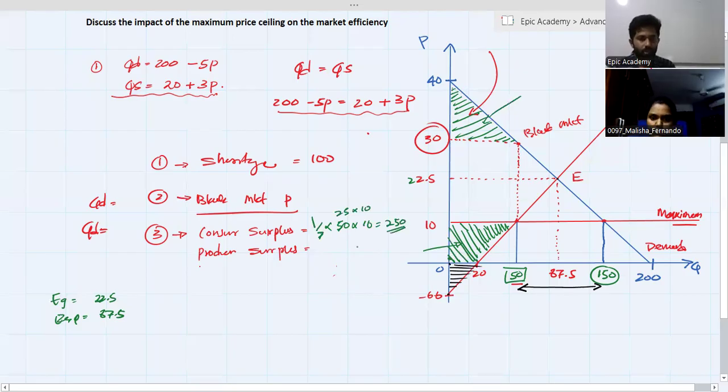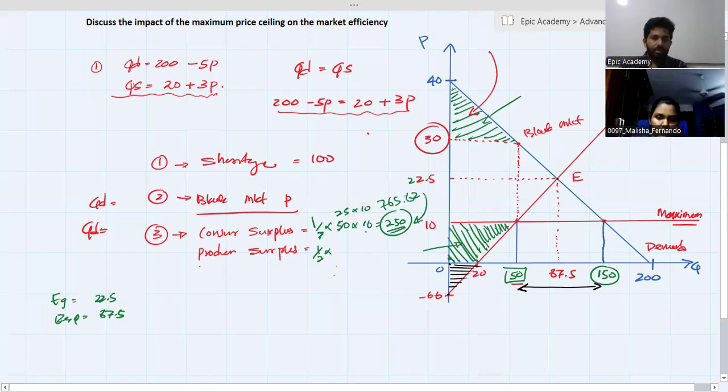And again 25. So you already calculated the consumer surplus. What is the value for the consumer surplus before the maximum price ceiling? 765.62, 760.5.62. So now you can compare the values.